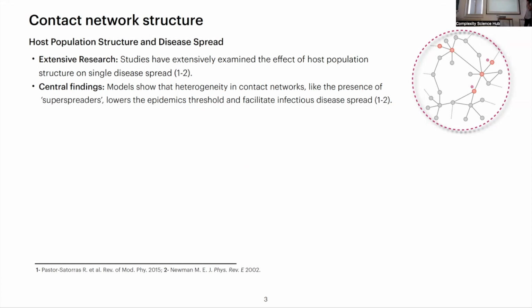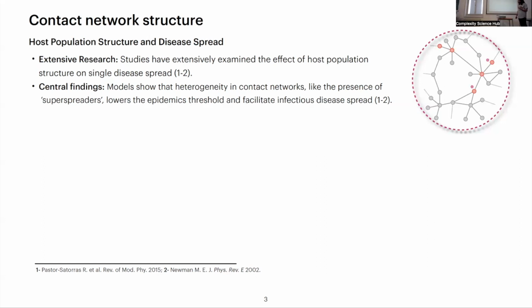Extensive research has been done in this field, and the central finding in most of this research about the effect of heterogeneity on spreading a single disease is that heterogeneity lowers the critical threshold, so it facilitates the spreading of a single disease.